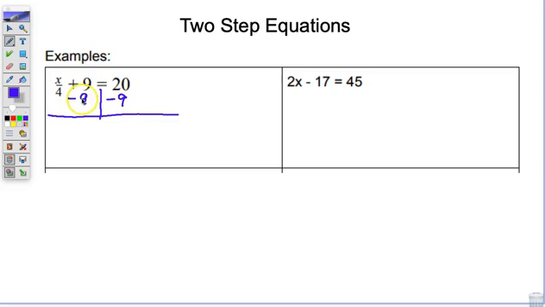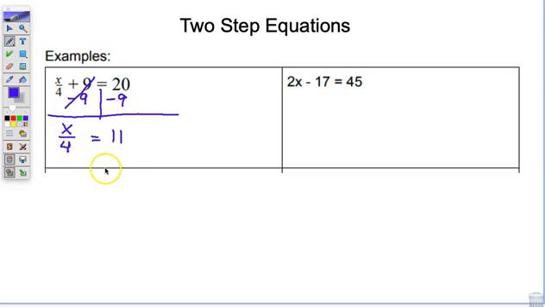A positive 9 and a negative 9 is 0, so I'm going to cancel those out and bring down what's left. X divided by 4, the equal sign will still go here, and 20 take away 9 is 11. From here, for step B, our variable x is being divided by 4.